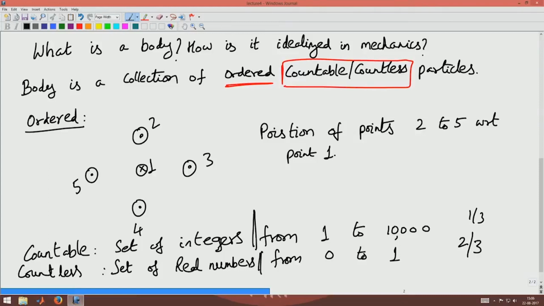So, there is a difference between infinity, countable and countless, which you have to remember.